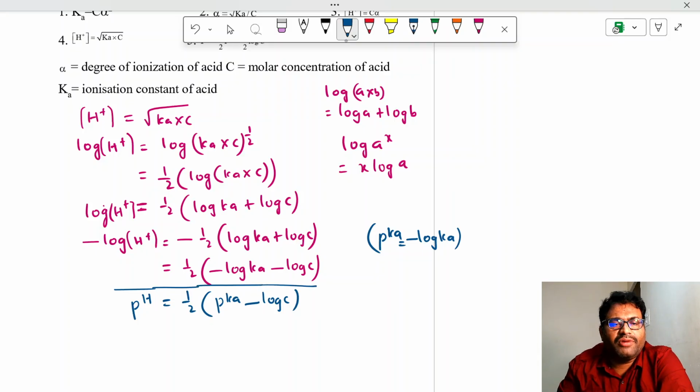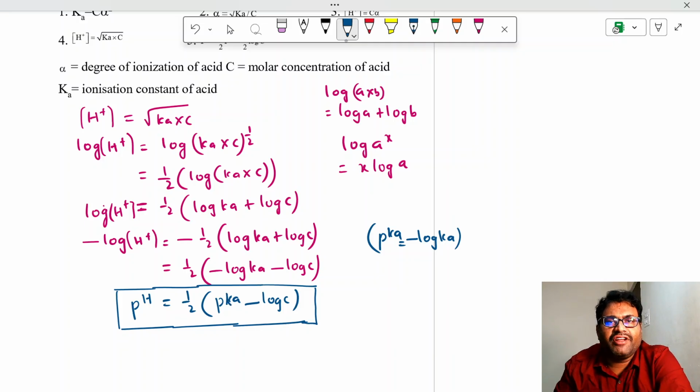So what is the formula to calculate the pH of a weak acid whose Ka and concentration is given? When Ka or pKa is given for a weak acid and concentration is given, then we can calculate the pH of that weak acid by this formula.